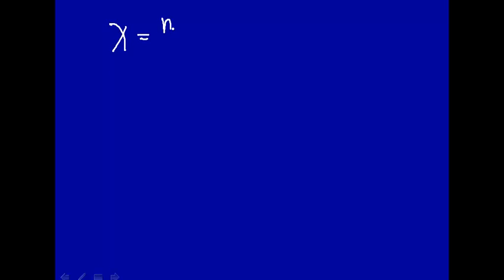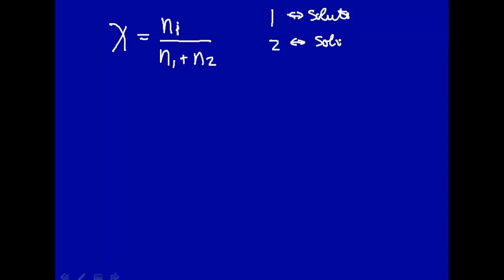The mole fraction will be the number of moles of solute divided by the number of moles of solute plus the number of moles of solvent. N1 corresponds to solute, N2 corresponds to solvent. You distinguish solute from solvent by concentration: the one with the lower concentration is usually called the solute, and the one with the higher concentration, the solvent.